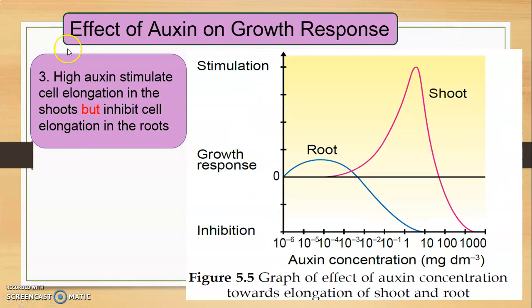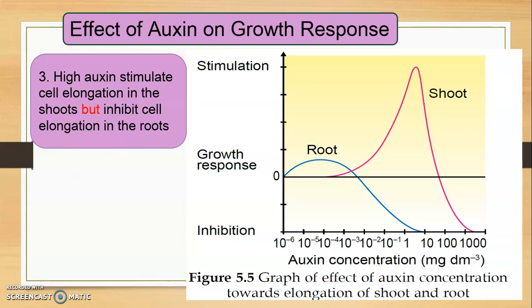And the third concept, high auxin stimulates cell elongation. Please remember that high auxin stimulates cell elongation in the shoot. Auxin yang tinggi merangsang pemanjangan sel di mana? In the shoot, di bahagian pucuk. But high auxin will inhibit cell elongation in the root.